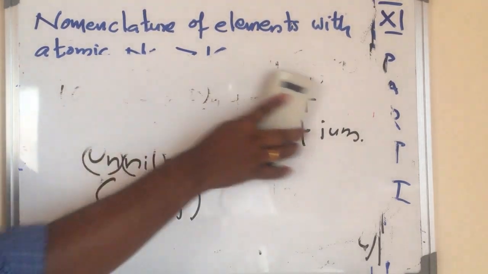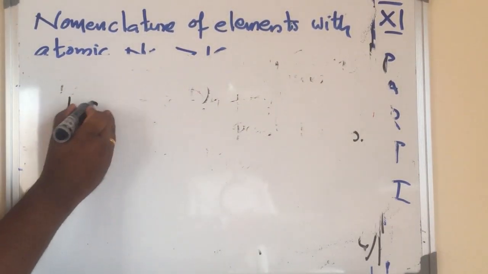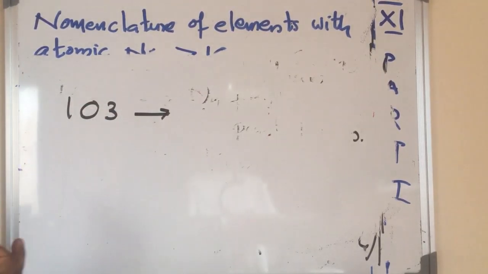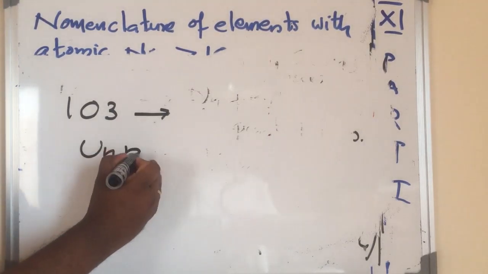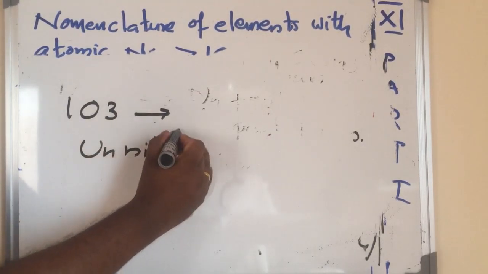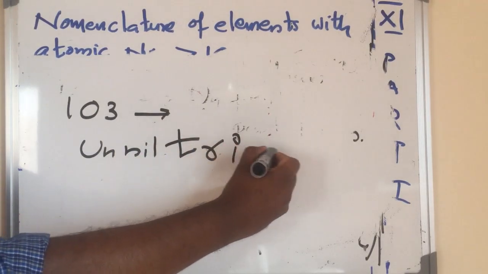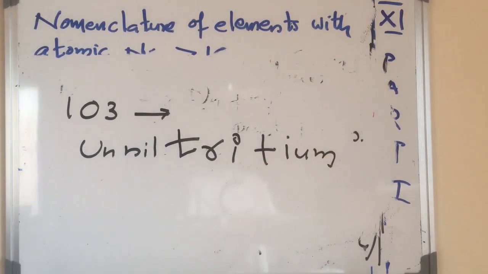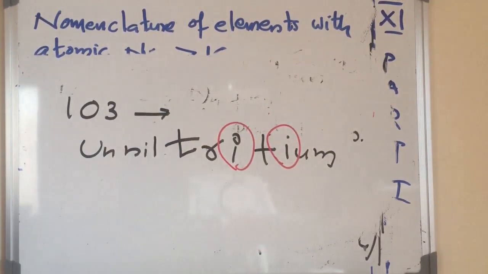Now we'll write one more example. 103. How to write? For 1, un. 0, nil. 3, tri. Then plus ium. But see here, i and i. So IUPAC suggested that we can leave one i.